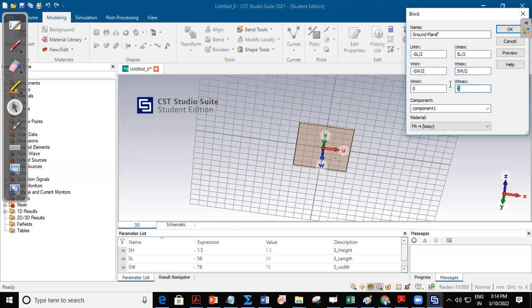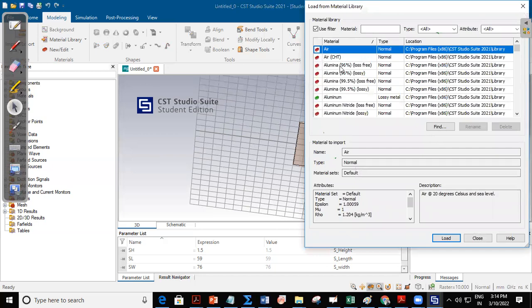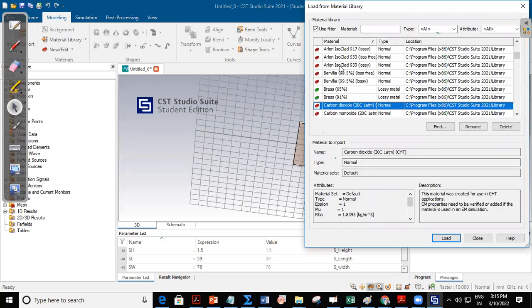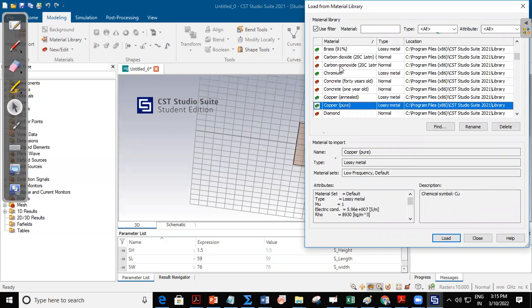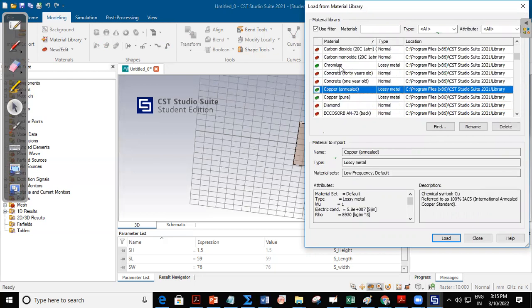And the third range is 0 to MT, which means metal thickness. It is not SH; that is the only difference in the ground plane. Here select the material copper, load from the library, and you can see it is showing carbon, copper. We have to select copper annealed lossy metal. Load it.